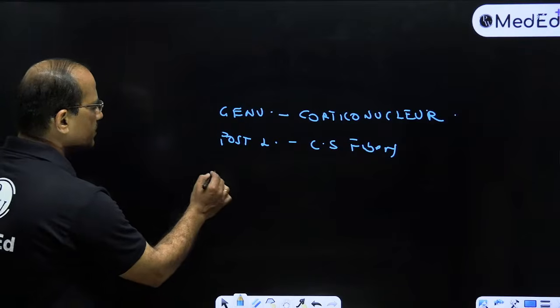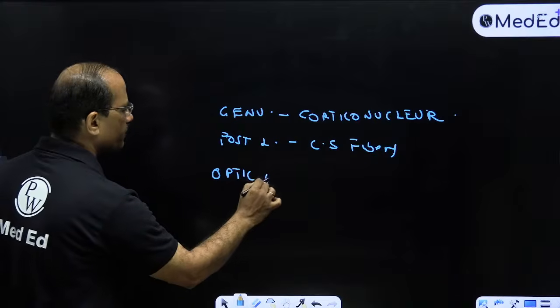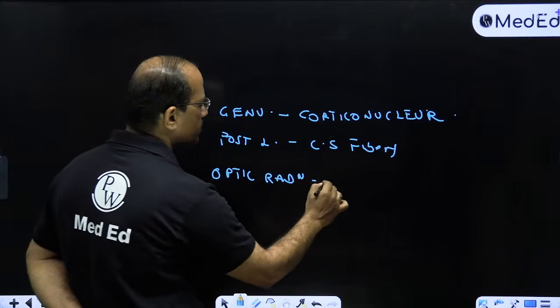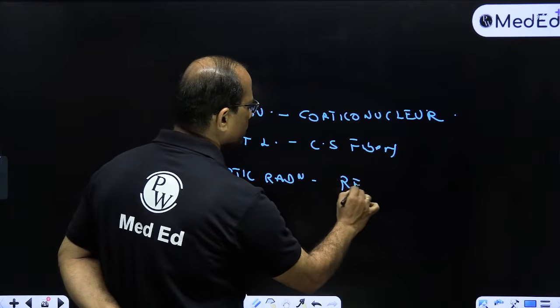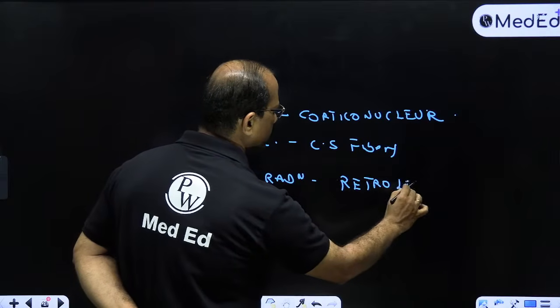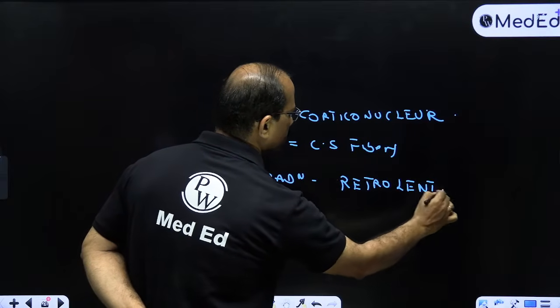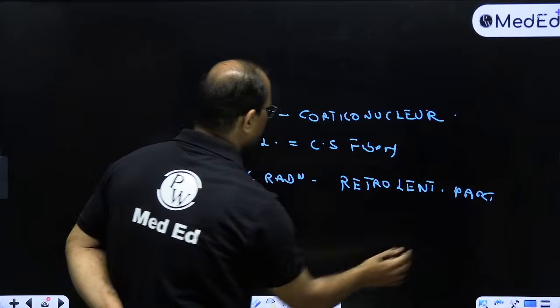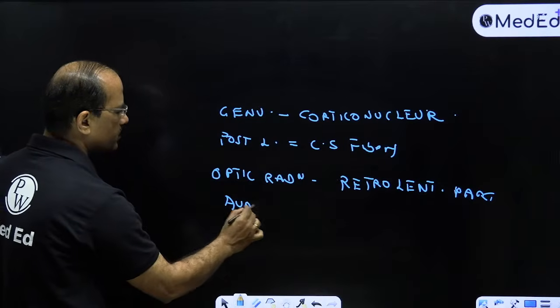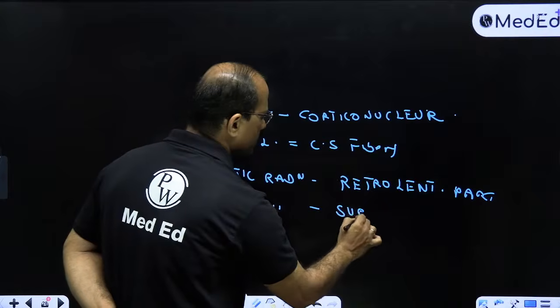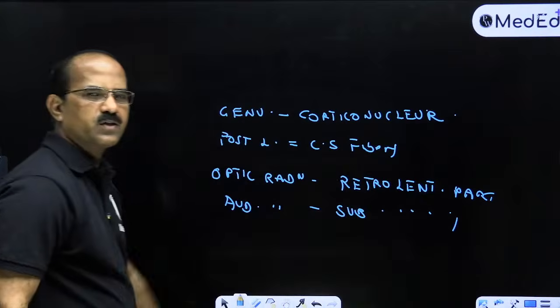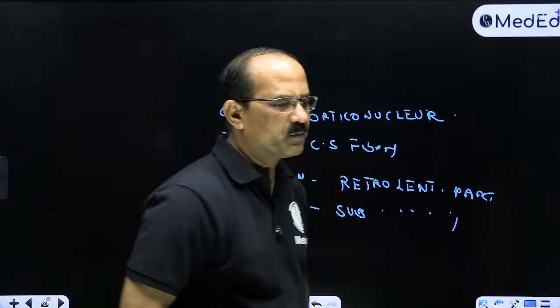Optic radiation passes through the retrolentiform part and auditory radiation passes through the sublentiform part. You have to remember these 4.